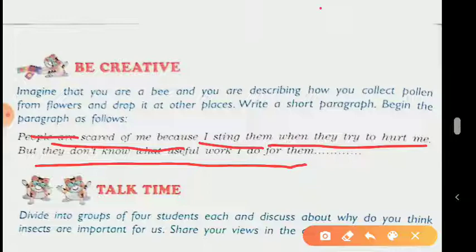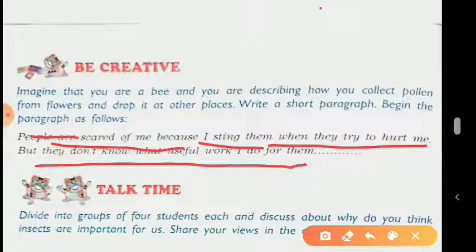Full stop. Then, comma, when I buzz near another flower or sit on it, the pollen from my body are transferred to that flower. Full stop.